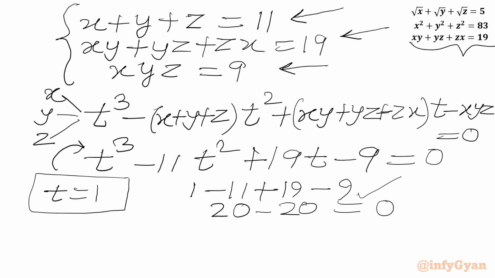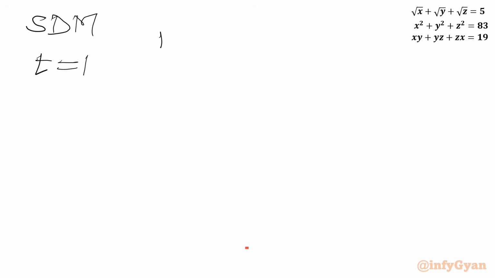So I need to write all the coefficients of cubic equation. So 1, minus 11, 19, minus 9 with base solution t equal to 1. So I will write here SDM first. Base solution is t equal to 1. Coefficients of cubic equation 1, minus 11, 19 and minus 9.